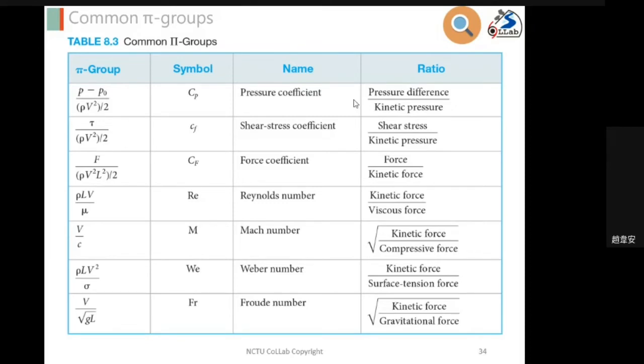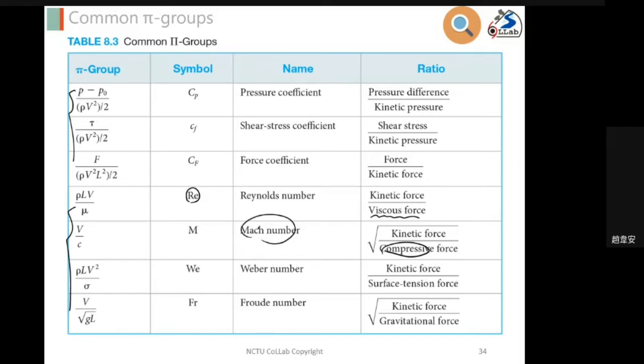The table just summarizes the three dependent pi groups and the four independent pi groups. We know that if your problem includes the viscous effect, you need to use the Reynolds number. If your problem involves the compressibility effect, then you need to use the Mach number.